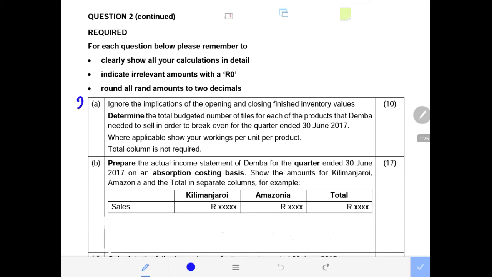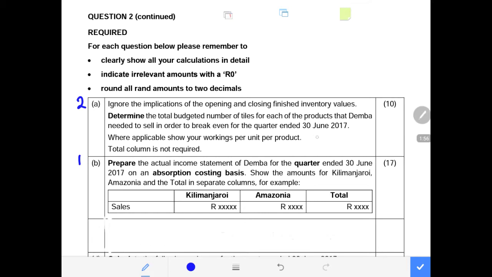First requirement, which is priority number 2 in terms of importance. It says ignore the implications of the opening and closing finished inventory values and determine the total budgeted number of tiles for each of the products that Demba needs to sell in order to break even for the quarter ending 30 June 2007.